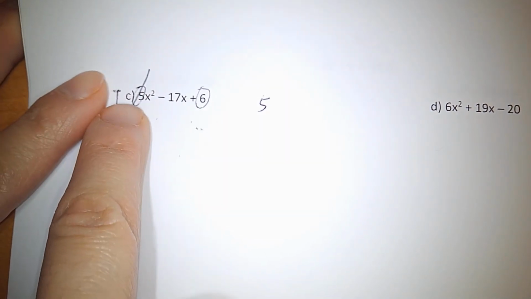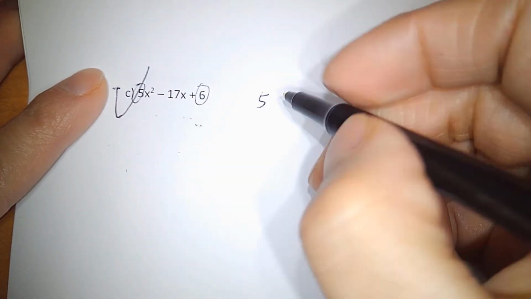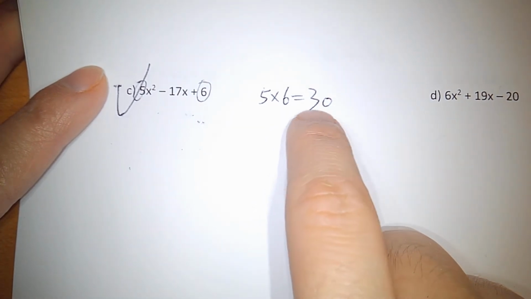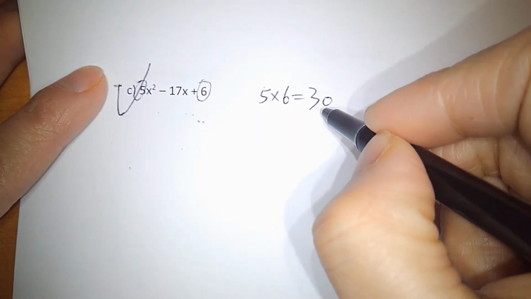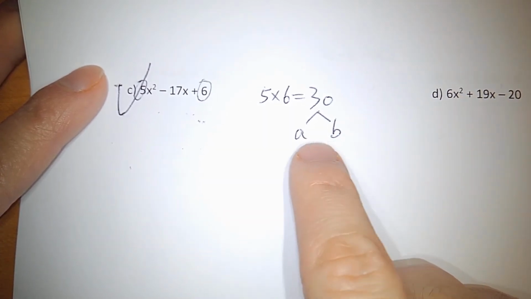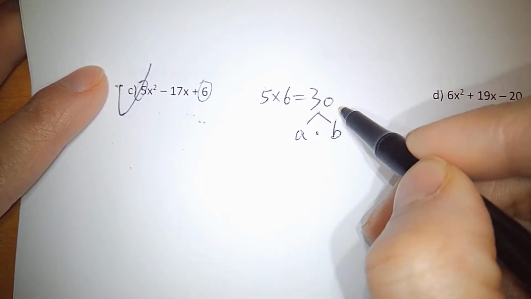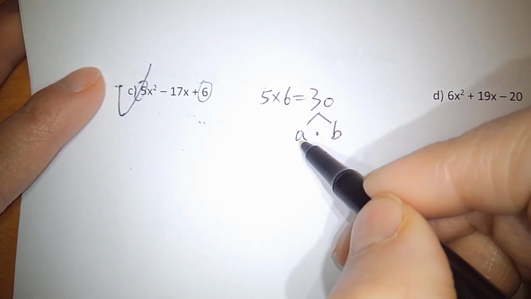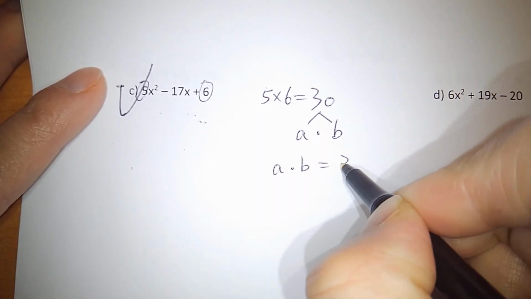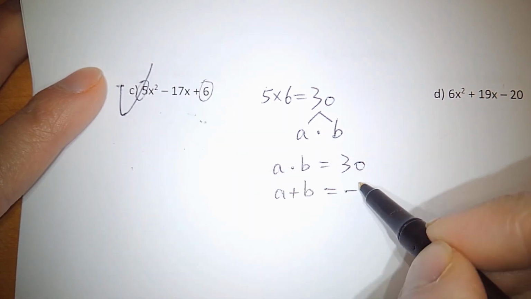If a is not 1, we multiply a by c, which gives us 30. Then we factor 30 as a product of a and b such that a times b equals 30, and a plus b equals capital B. What is capital B? Negative 17.